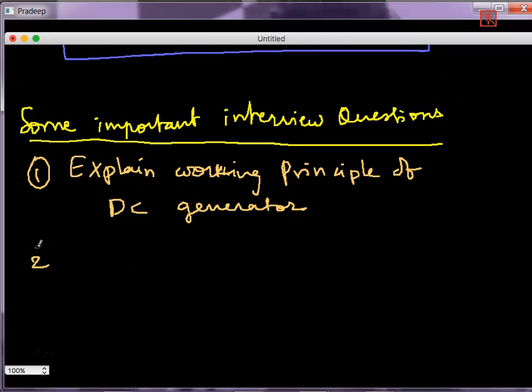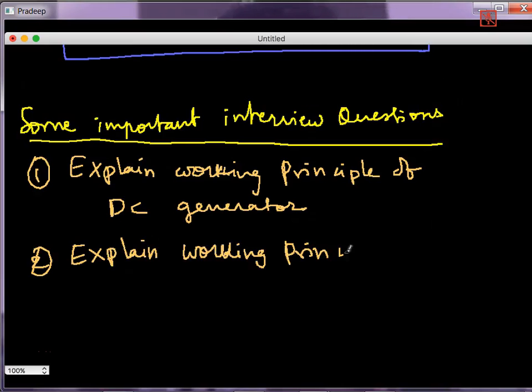Another question is, explain working principle of DC motor.